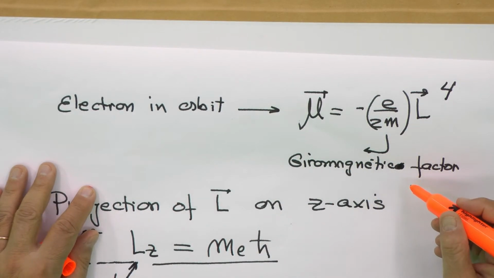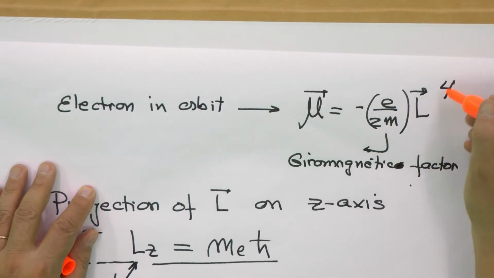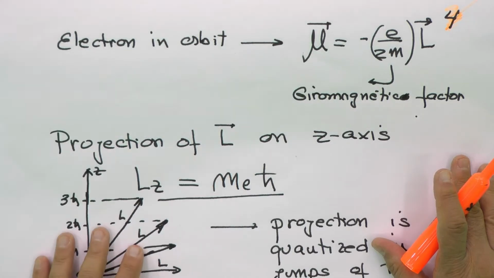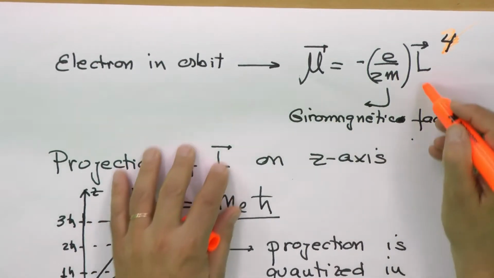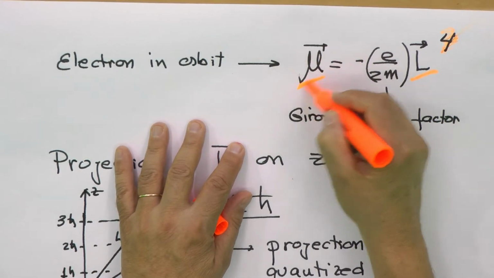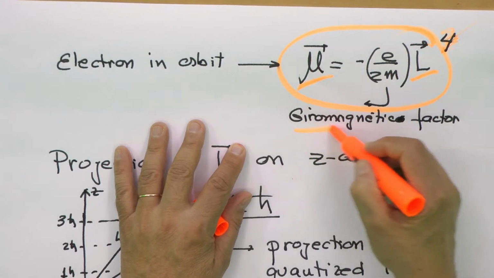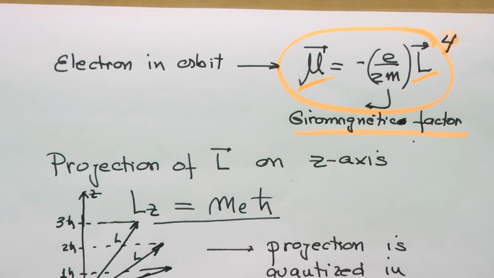If it is orbiting, oh, this 4 here is just the page number. Let me put here: if there is an angular momentum, there is a magnetic momentum. I told you this before, and the factor that comes in front is called the gyromagnetic factor for the electron.